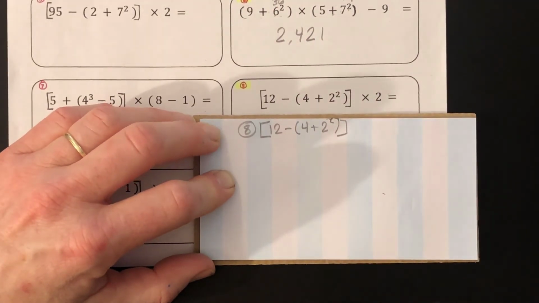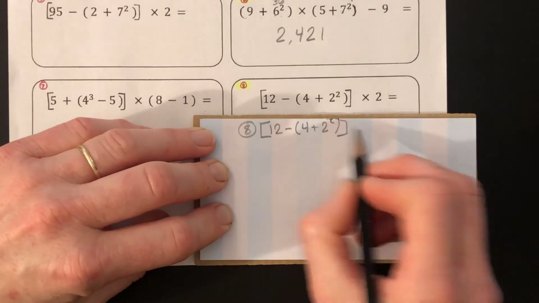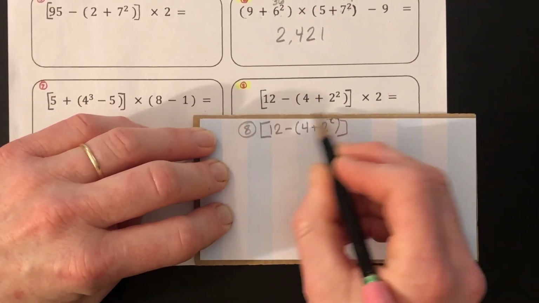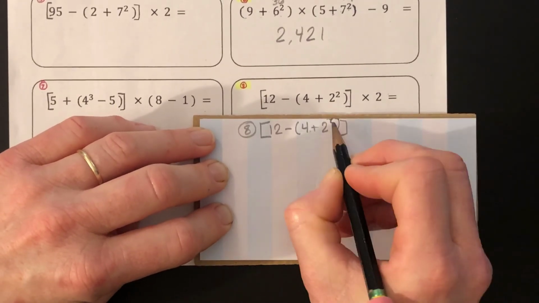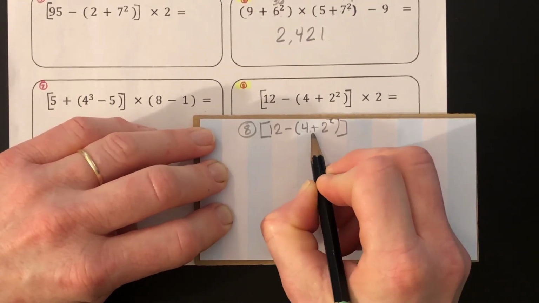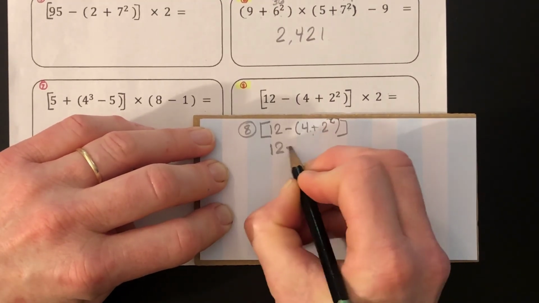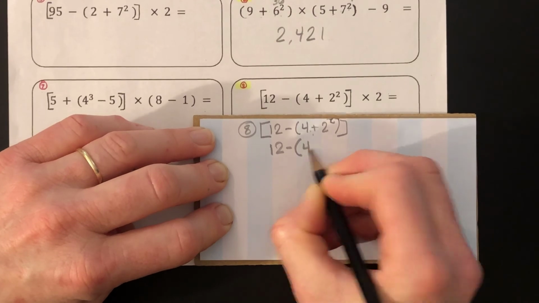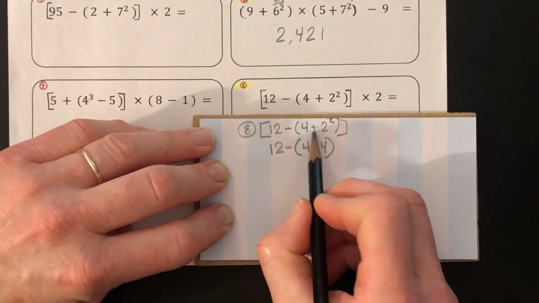I need to write a little lower. Inside my brackets, I have parentheses. This is where I will start. We have 2 operations. We do exponents before addition. 2 squared is 4. So I'm going to write 12 minus 4 plus 4. I keep these parentheses because there's still an operation inside.